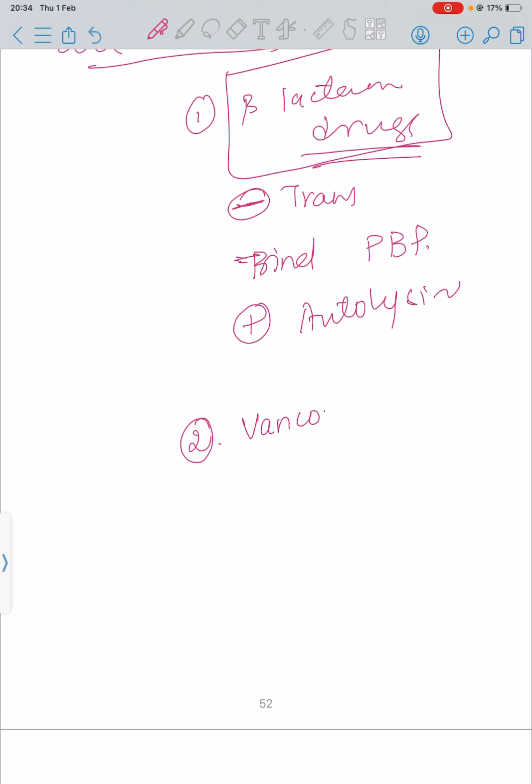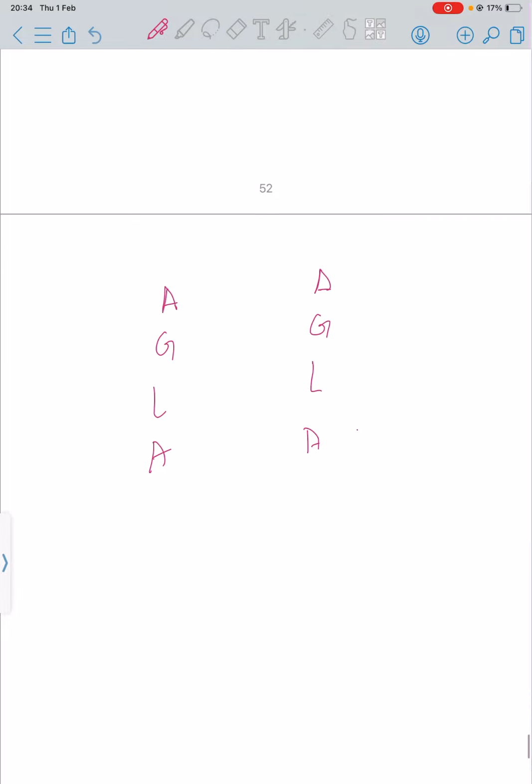Now, how does this vancomycin act? Going back to that AGLA structure. When the nascent cell wall is being formed, this AGLA, which is actually a tetrapeptide, initially is pentapeptide in nature.